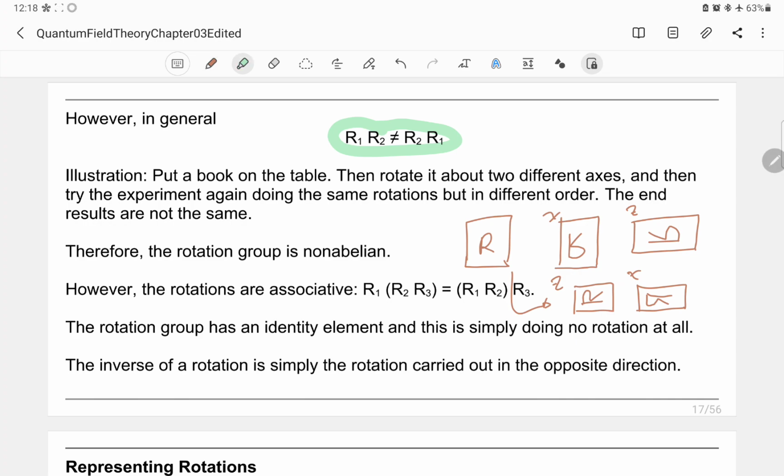So in this case, the rotation group is non-abelian. However, the rotations are associative.